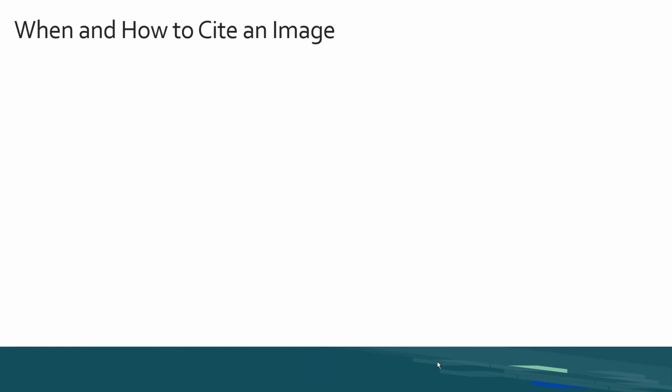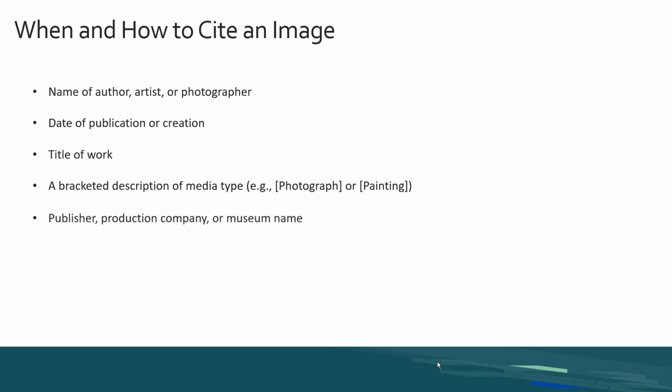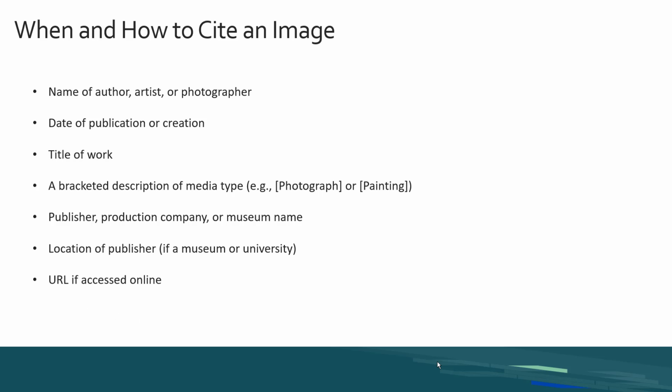A typical image citation would include all or most of these elements: name of author, artist, or photographer, date of publication or creation, title of work, a bracketed description of media type, for example photograph or painting, publisher, production company, or museum name, location of publisher, if a museum or university, and the URL if accessed online.